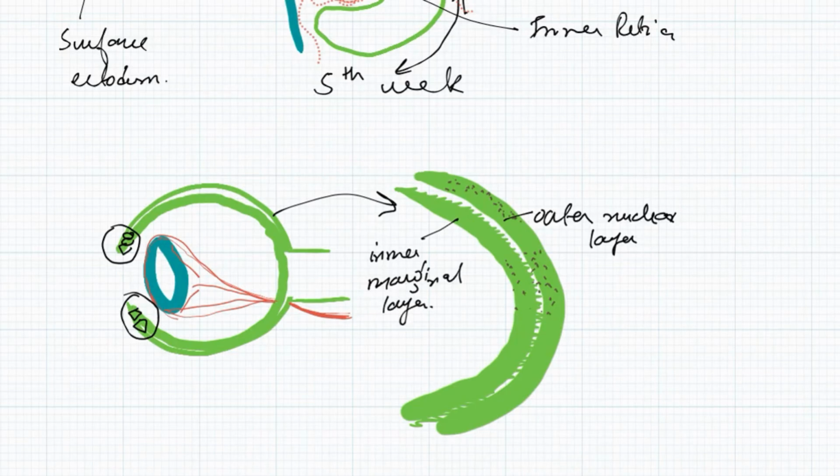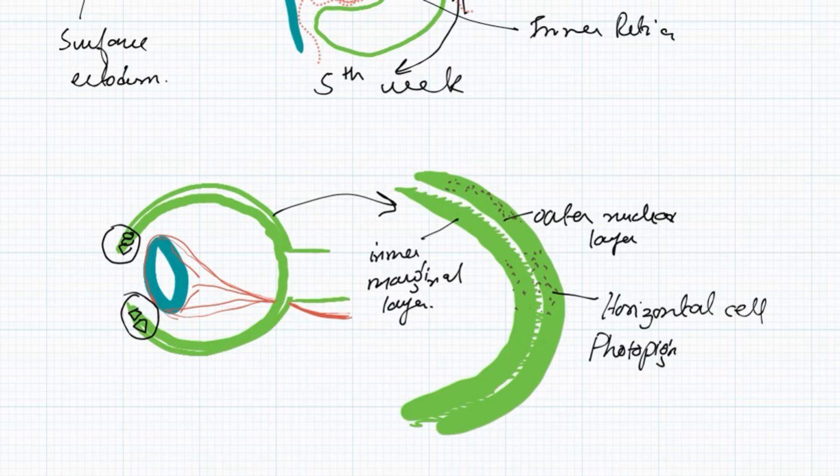Later, the outer nuclear layer sends its nuclei to the inner marginal layer. The outer nuclear layer nuclei will form horizontal cell nuclei, photopigmentary cell nuclei, which are rods and cones, and bipolar cell nuclei.